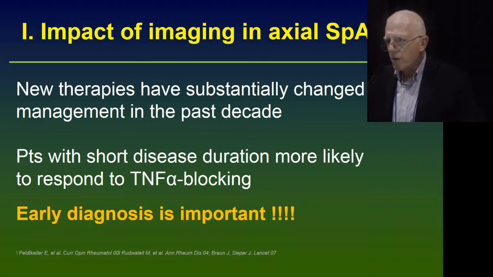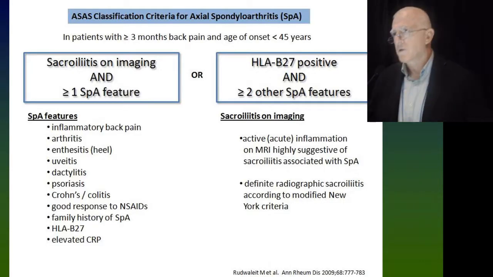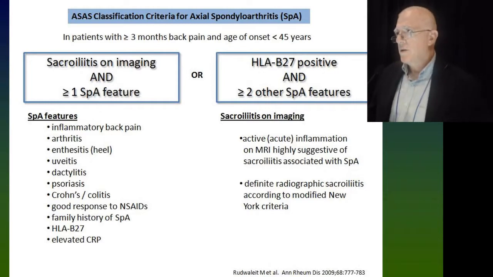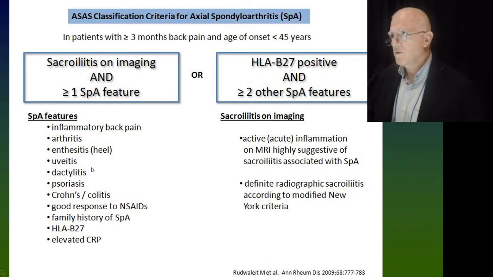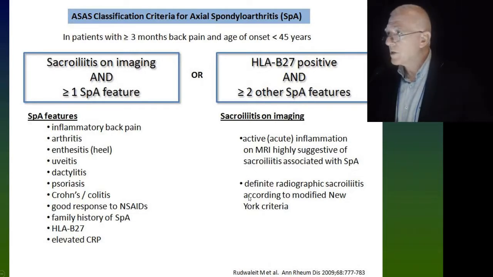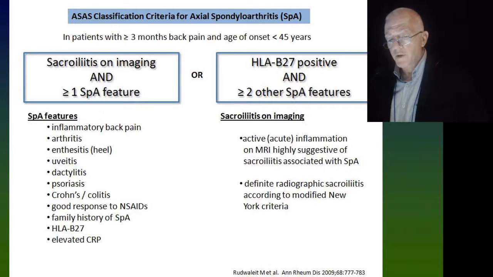That's why early diagnosis is important, and the role of radiologists is very important. This slide here is very important to remember because it's the official, let's say, instructions from the International Society of Assessment of Ankylosing Spondylitis. This is what rheumatologists follow. This is what we should also know in order to communicate with rheumatologists.